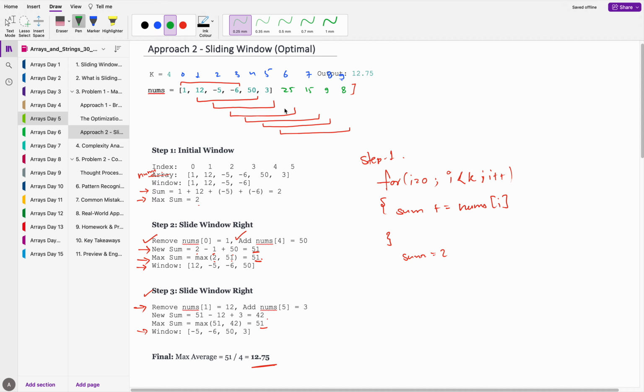For the rest of the windows, all the successive windows, only one item is adding up and one is getting removed, one addition and one subtraction. So क्या कर सकते हैं? Isn't it looking like the iterations are done to do the repeated task? What is a repeated task now? Here the repeated task was to calculate these four items, add four items. Here the repeated task is adding one item, removing one item, adding one item, removing one item. Correct? So let's start our iteration from here now on.